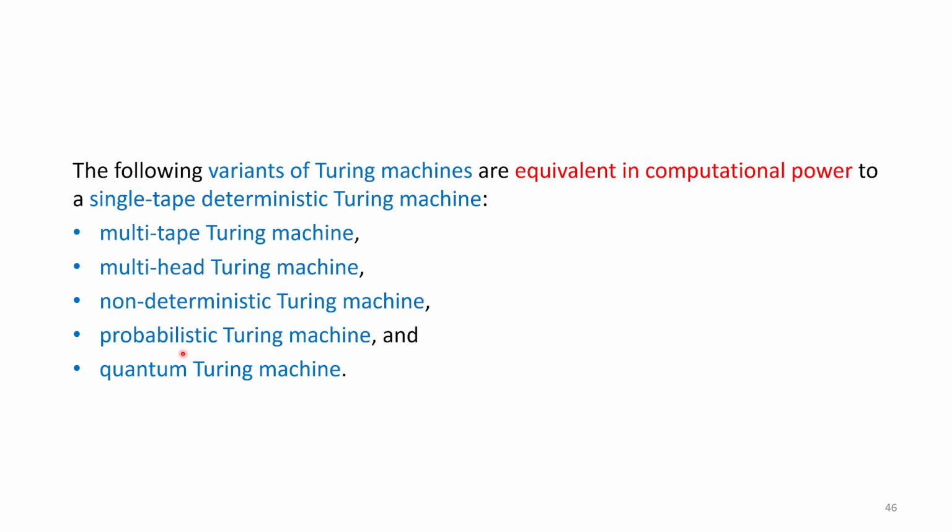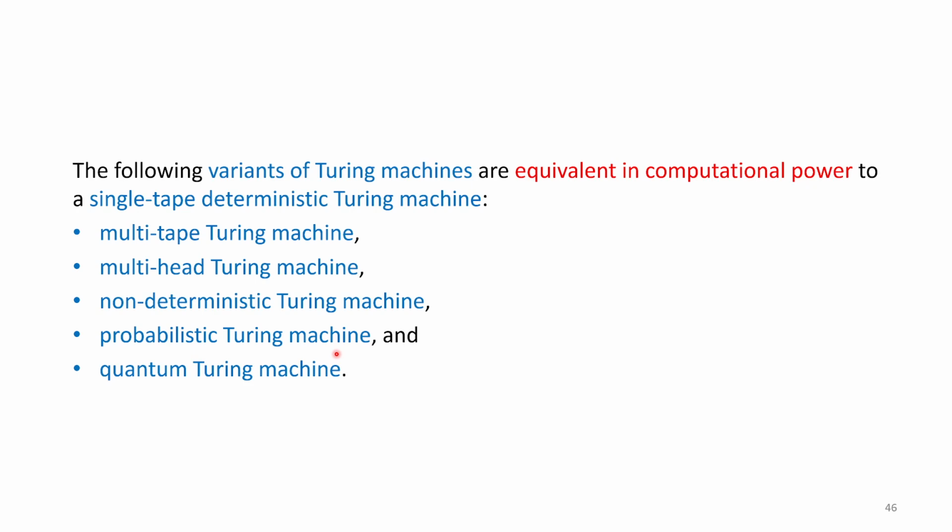Probabilistic Turing machines. These are a realistic version of a non-deterministic machine, or maybe more realistic. Some people might have a philosophical argument about that, but a non-deterministic machine, we said, was kind of magical. It can find that accepting configuration if it exists, even if there's only one of them out of an exponential number that it needs to search. Well, what a probabilistic Turing machine says is, if at least half of them, well, that's one definition. Let's use a different definition. If at least a third of our branches end in an accepting configuration, then we'll say that we accept.